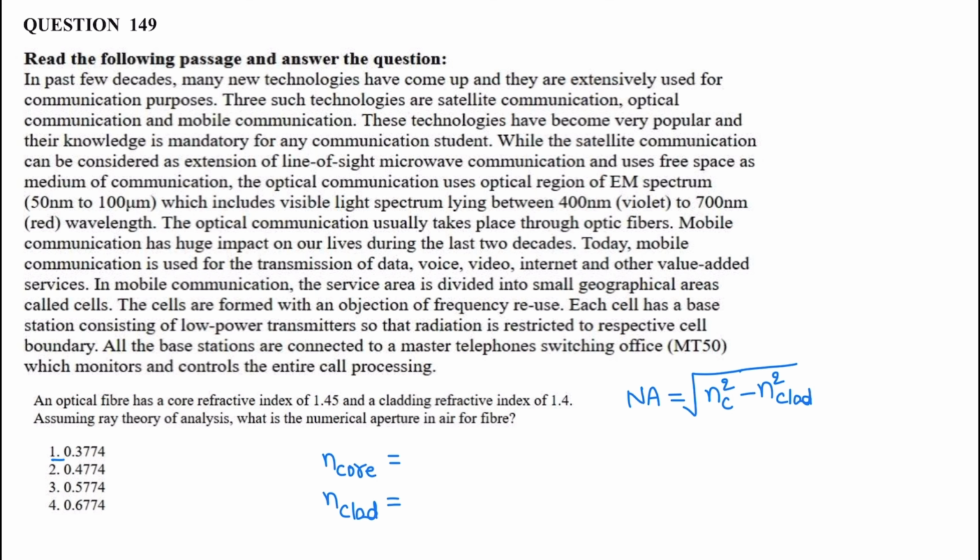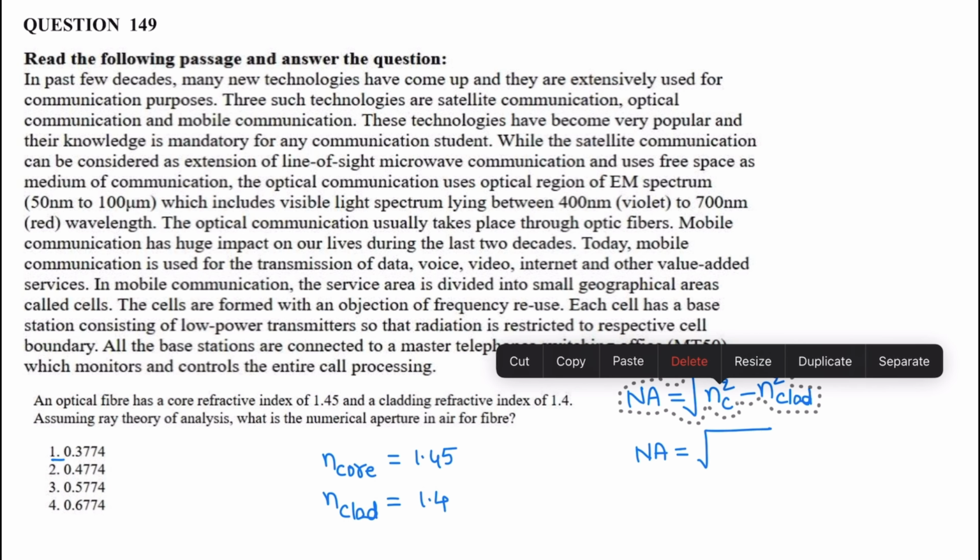Question number 149. Optical fiber has core refractive index of 1.45 and refractive index of cladding is 1.4. Then what is the numerical aperture? Numerical aperture NA is equal to square root of Nc square minus N clad square. This is the formula to obtain the numerical aperture of an optical fiber.